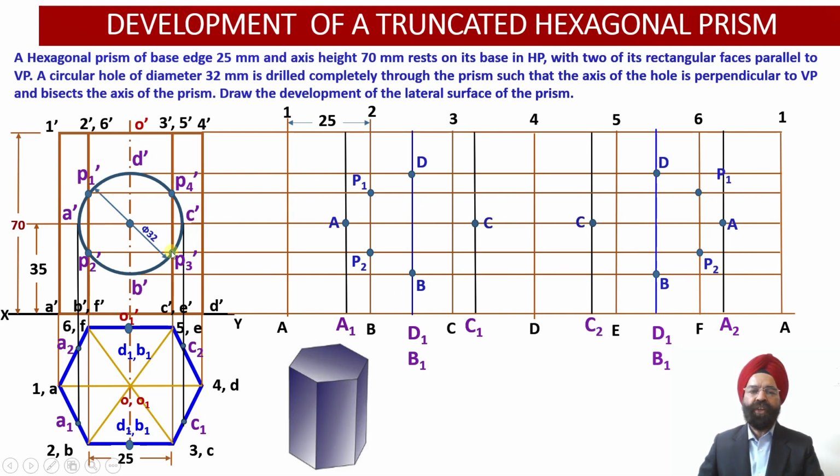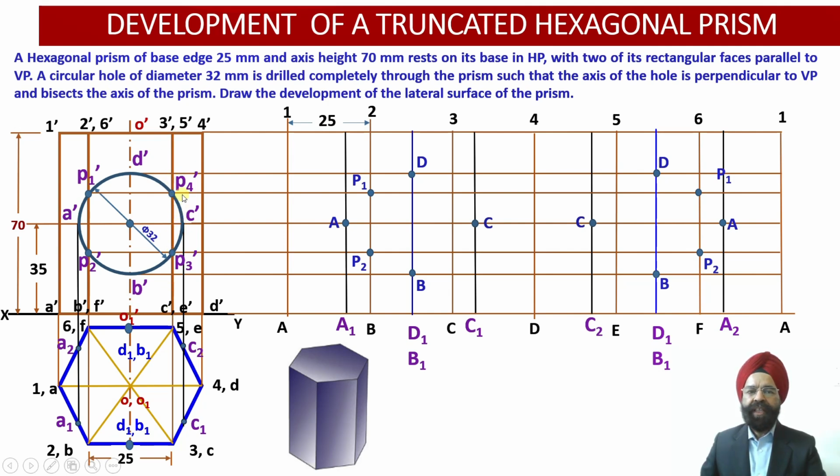Now the next 2 points of intersection happen to be P3 dash and P4 dash. Again we can evaluate over here that these 2 points P3 dash and P4 dash lie onto the existing vertical projectors 3-C and 5-E over here.